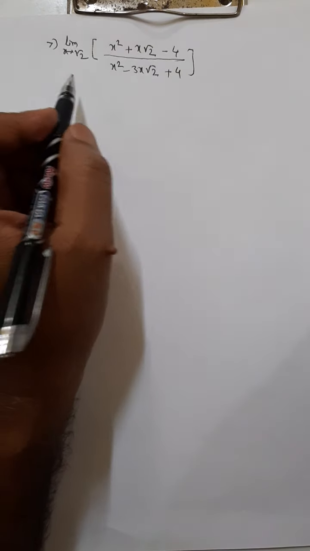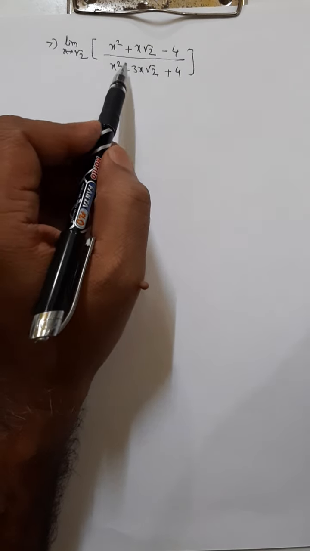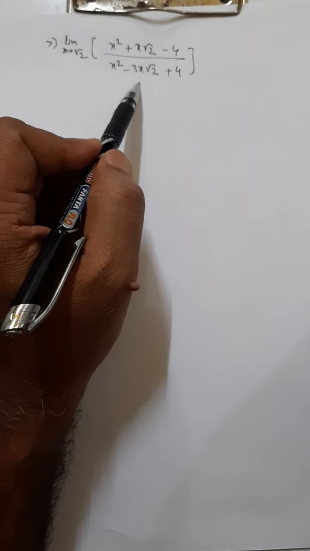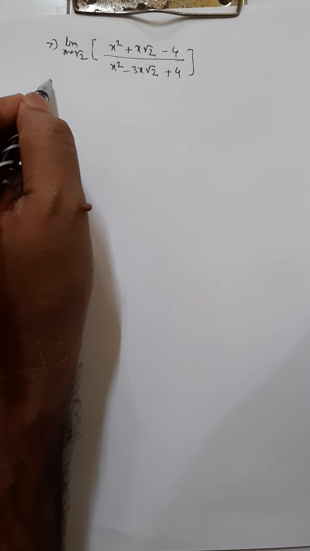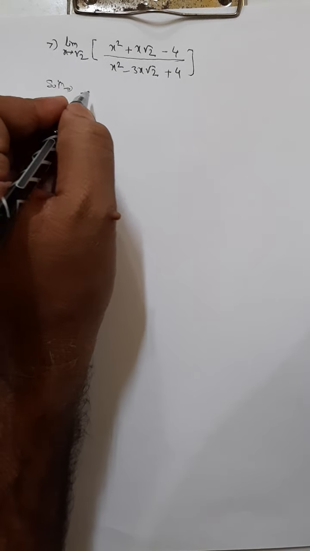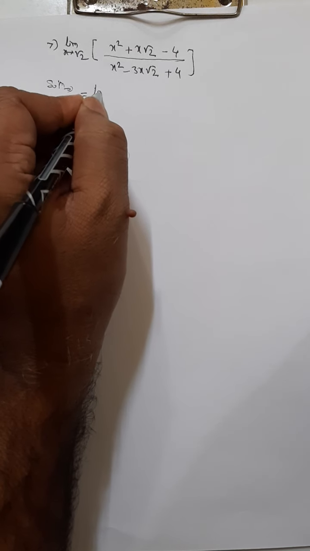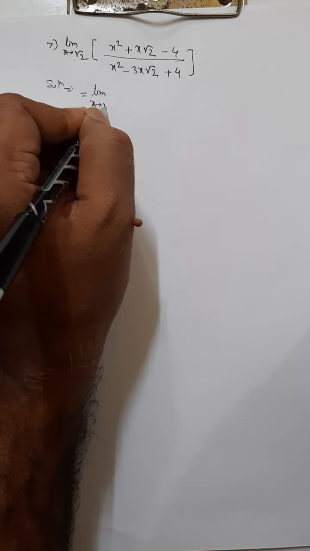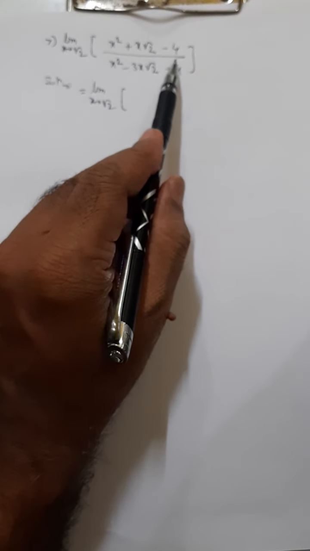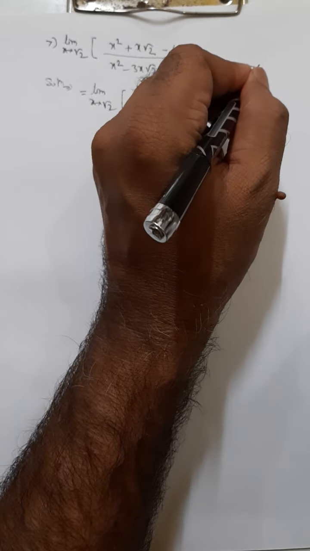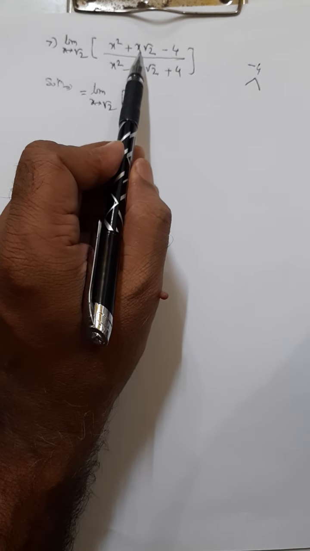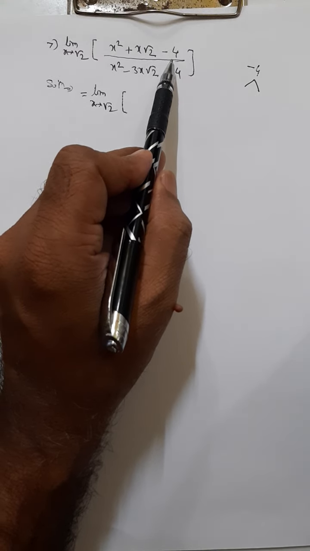Next problem, evaluate limit as x tends to root 2 of x square plus x root 2 minus 4 divided by x square minus 3x root 2 plus 4. So we have to factorize both numerator and denominator. So limit as x tends to root 2, this quadratic expression, factorize minus 4, note that we need two numbers such that their sum must be 1 root 2 x and product must be minus 4.